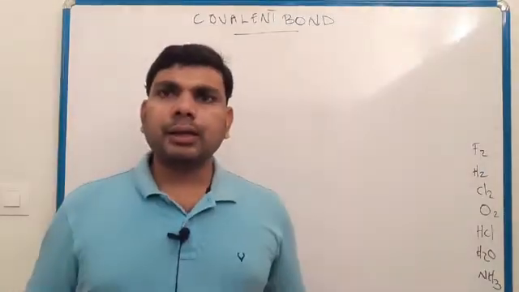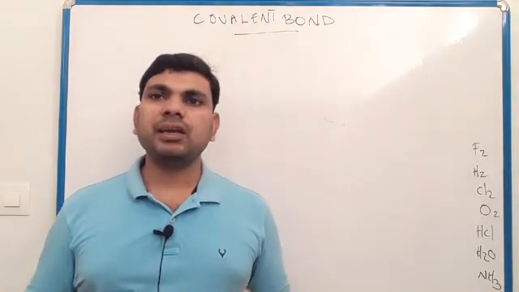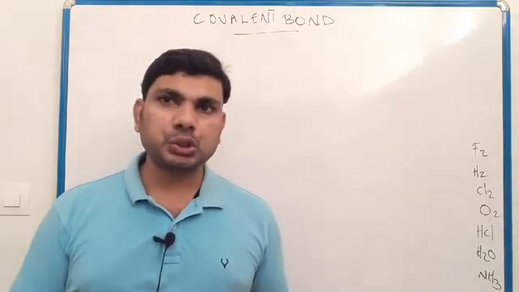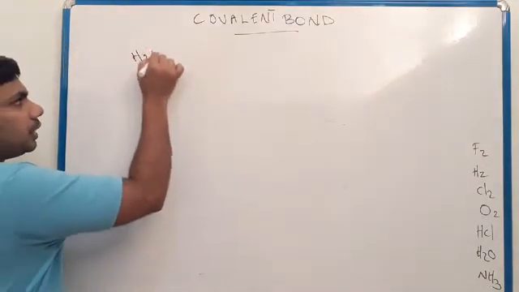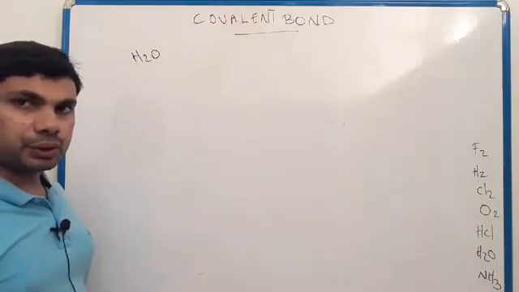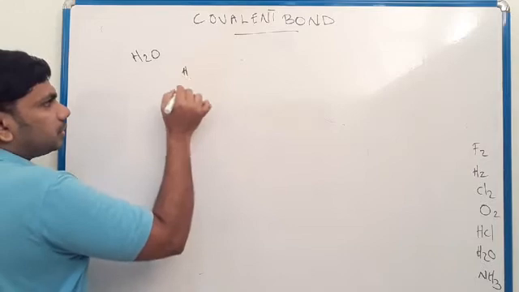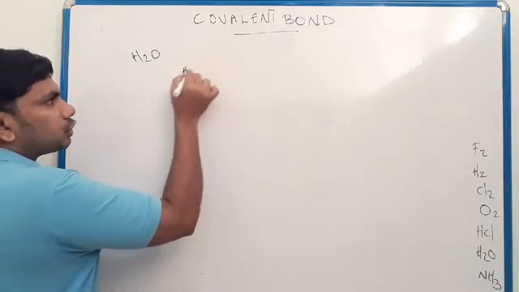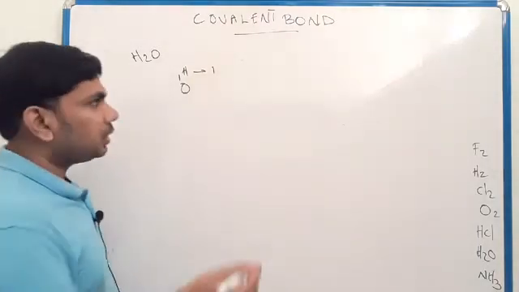Clear? Okay, let us see how water molecule makes covalent bond. Water molecule H2O, 2 hydrogen and 1 oxygen, that is water molecule. Hydrogen atomic number 1, only 1 electron in its outer shell.